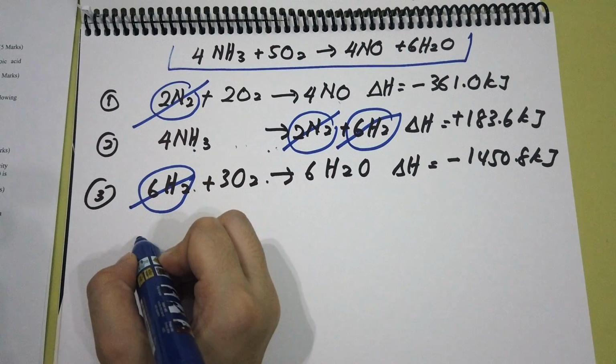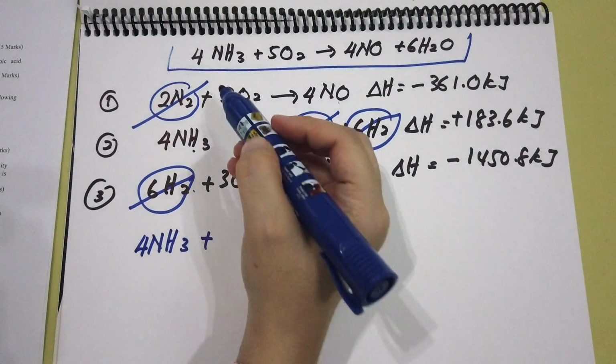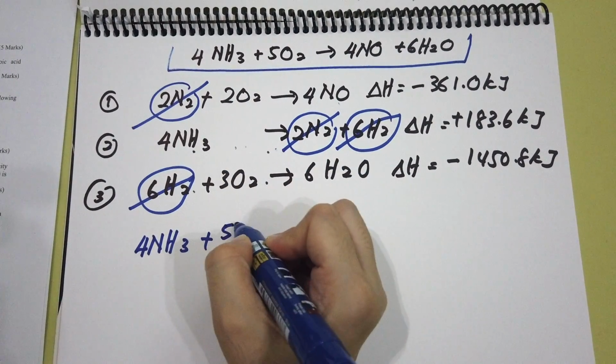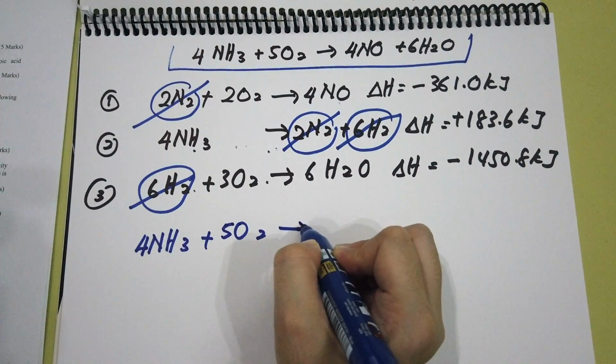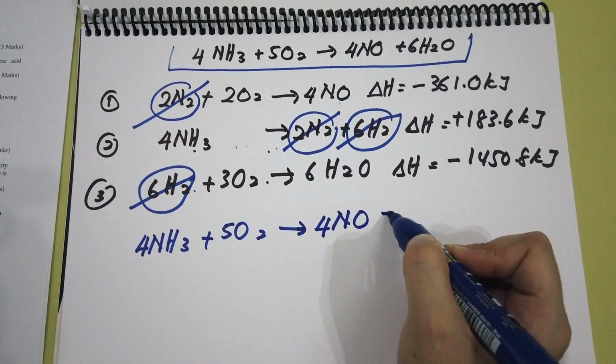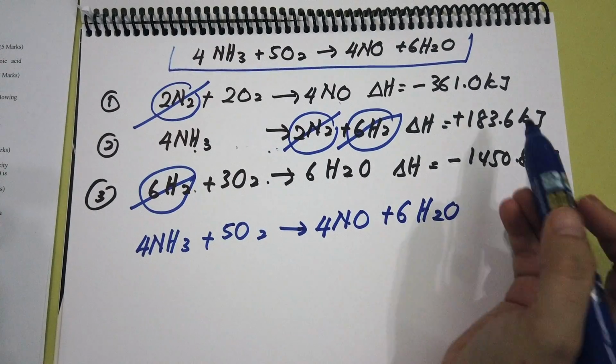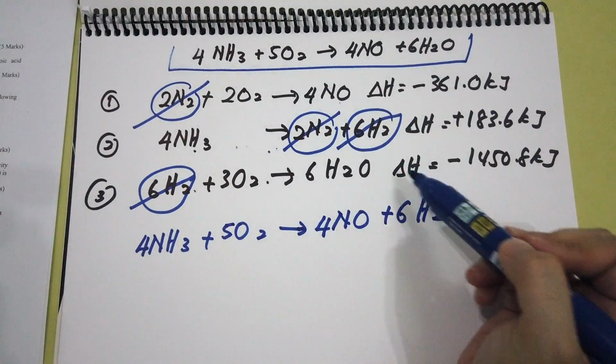The rest of the things are NH3, and we do need oxygen, water and NO. So we get 4NH3 plus 2 plus 3, equivalent to 5, O2 will produce 4NO plus 6H2O. What's going to happen with these values?